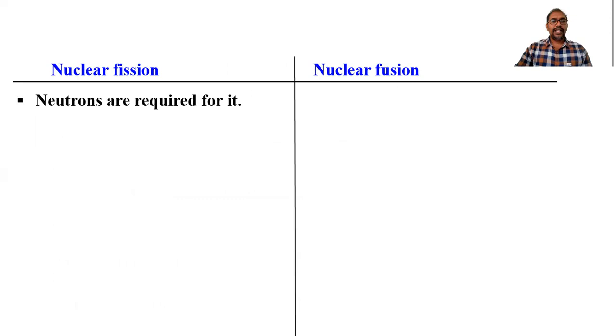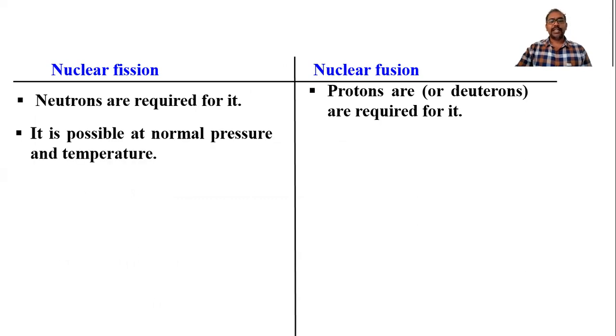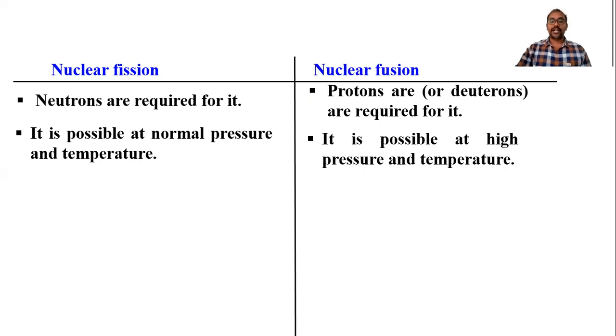In nuclear fusion, protons or deuterons are required. Fission is possible at normal temperature and pressure, but fusion is possible at high pressure and high temperature.